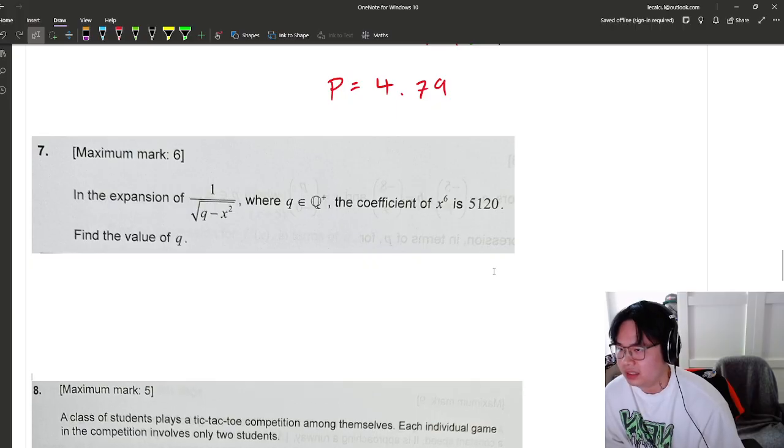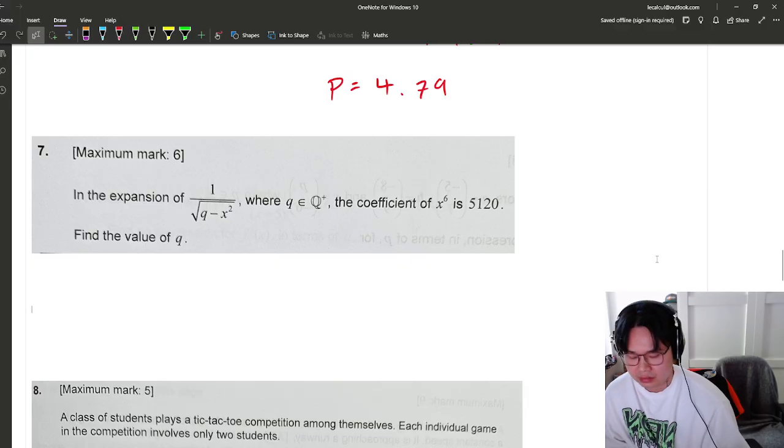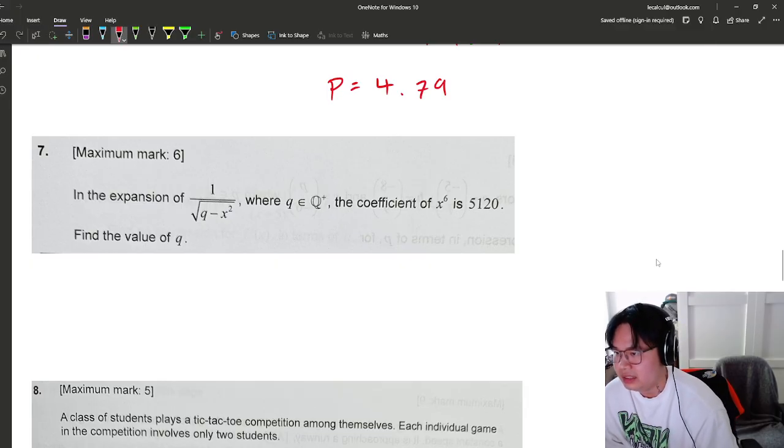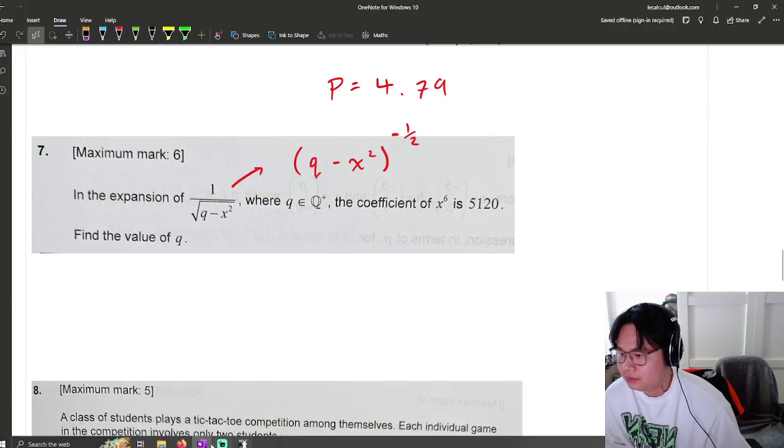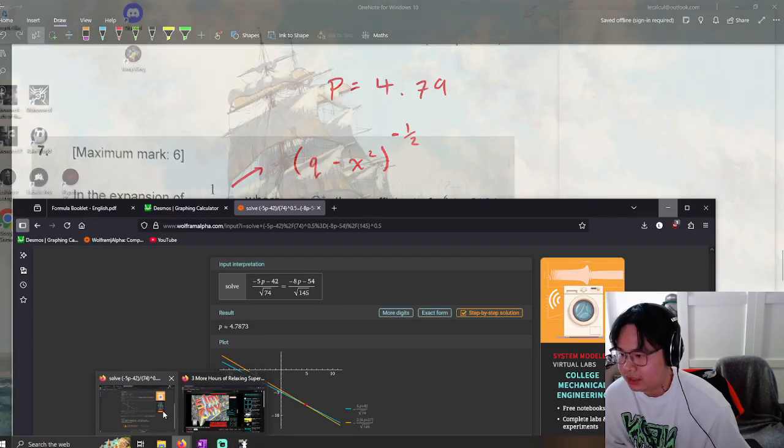Oh, this looks like an HL binomial expansion. Okay, so this thing is q minus x squared to the power of negative 1/2. Let me pull out my formula sheet.